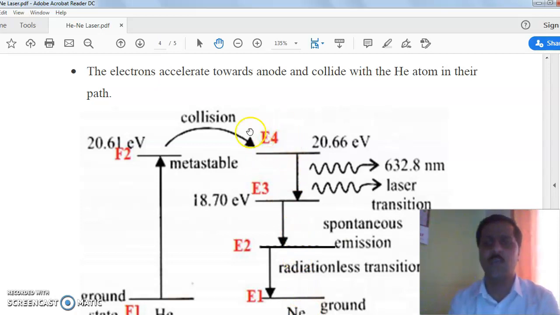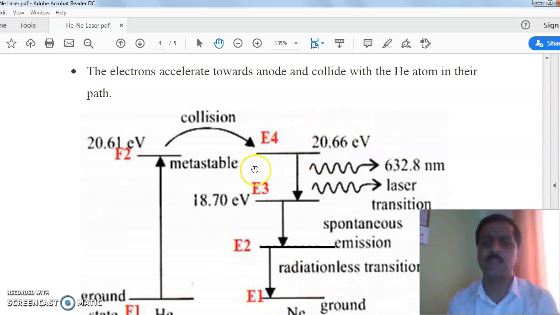And one very important thing here: when these neon atoms excite to the excited state E4, which lies at an energy of 20.66 electron volt, that is a metastable state. In this state, population inversion is achieved.